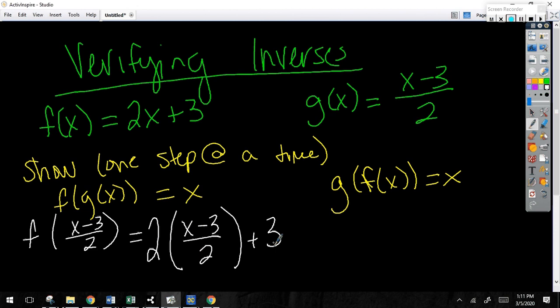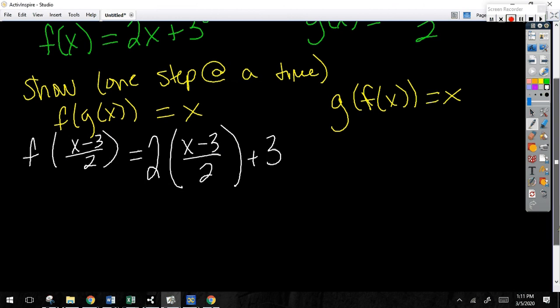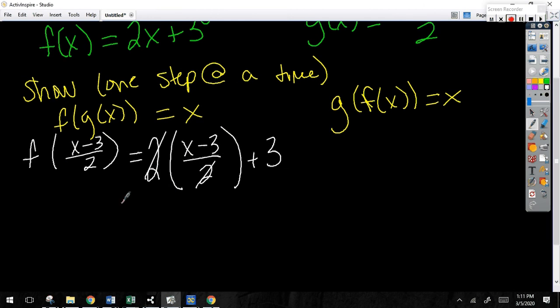Now, I'm telling you everything's going to cancel out. But don't just cancel it all out at one time. What cancels first here? The 2's. Multiplication first. Yeah, this is what you have to show. Now what cancels? The 3's.